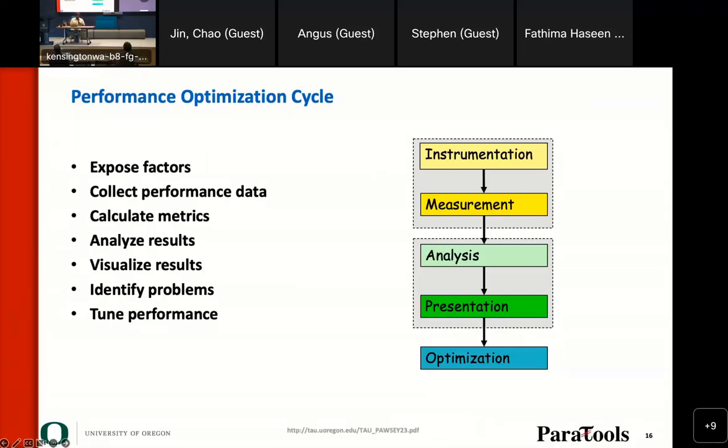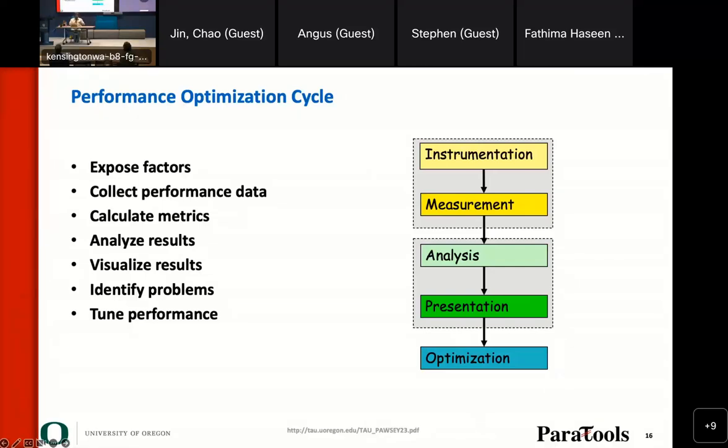Once those hooks are in there, you generate a profile which shows you how much time was spent in different threads of execution on different parts. Then you analyze, you say, okay, I understand that it's taking a lot of time in this MPI barrier. How can I deal with that? You create a hypothesis. You say, do I really need this MPI barrier?